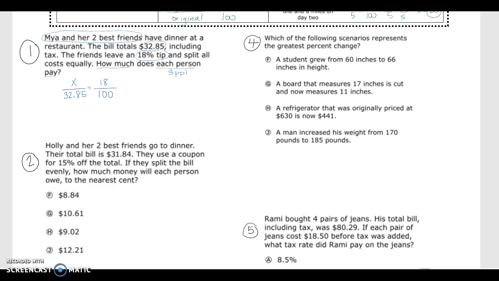So are we going to add that or subtract it? Tip has to be added. So you're going to take $32.85 and add the X value. Once you get your total for the bill, we want to know how much each person pays. So to get the amount for each separate person, we're going to divide that total by 3. So go ahead and press pause and do your work for that.